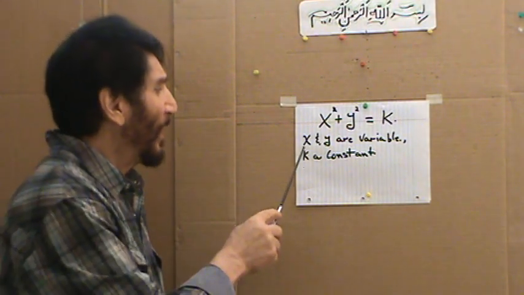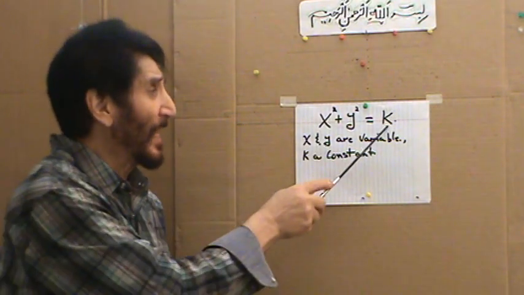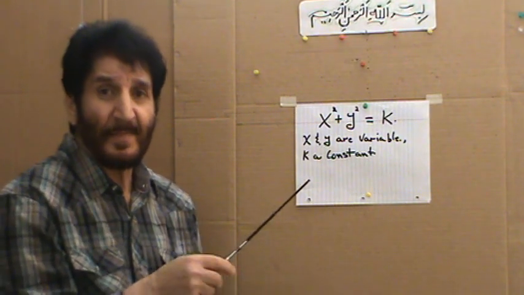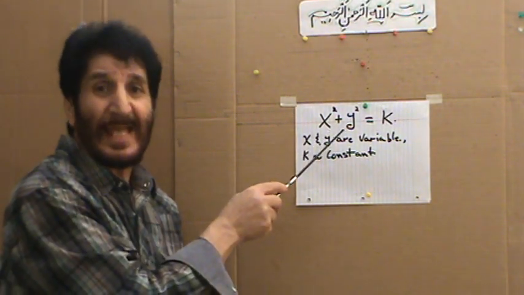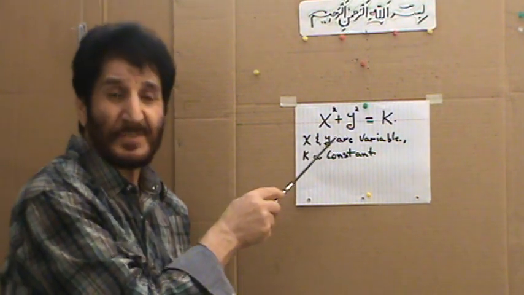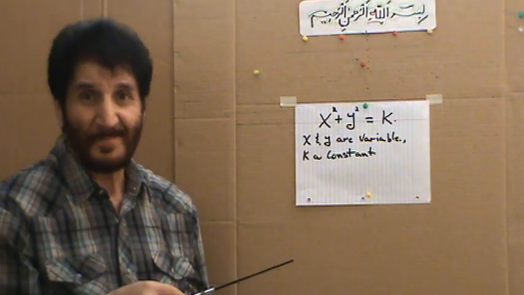Now, k, the constant term here, governs what kind of values x and y can possess. What kind of values will be the domain of x and y.